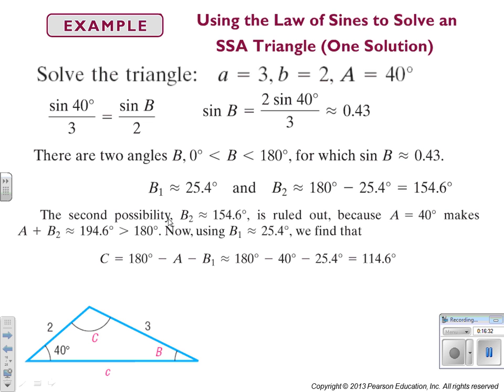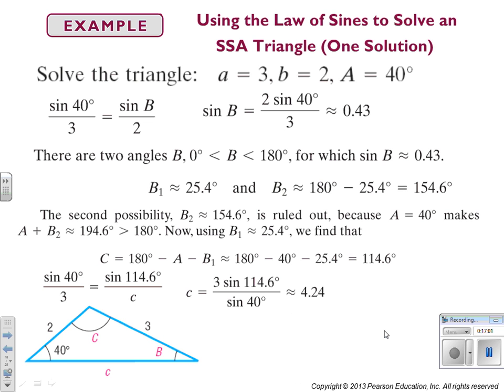So we got 180 minus 40 minus 25.4. So our angle B is 114.6. Then we have to use that angle to find side C because we only have solved for angles.